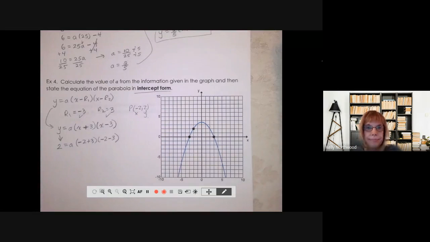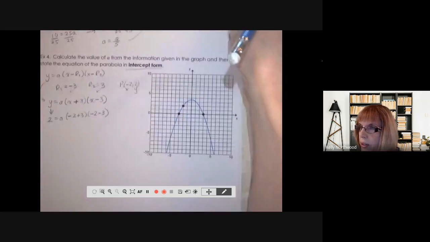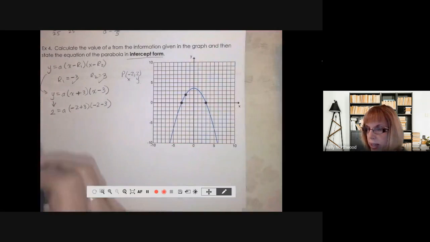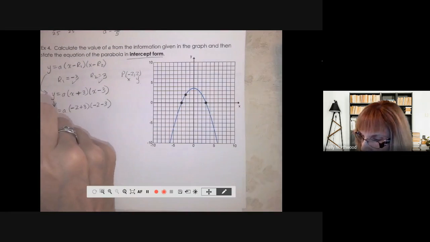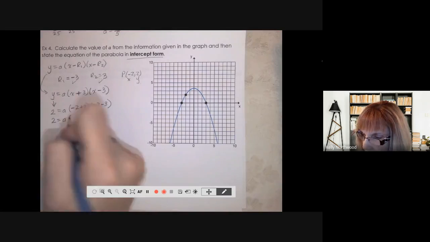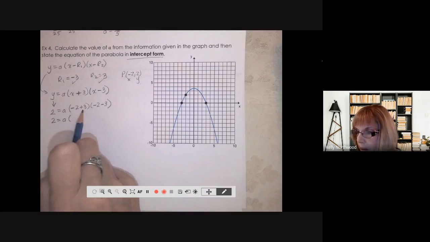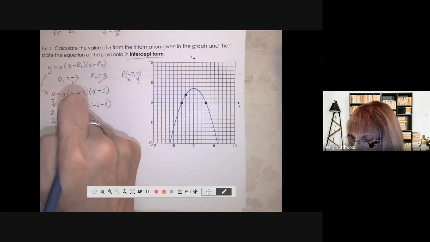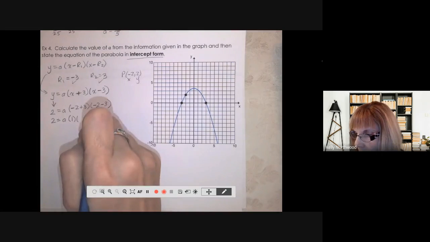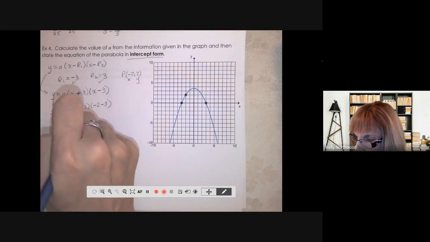Similar to kind of our K calculation yesterday, except we know the Y value. It's the A that we don't know. So we can figure out each bracket separately. So -2 plus 3 is 1. And -2 minus 3 is -5.